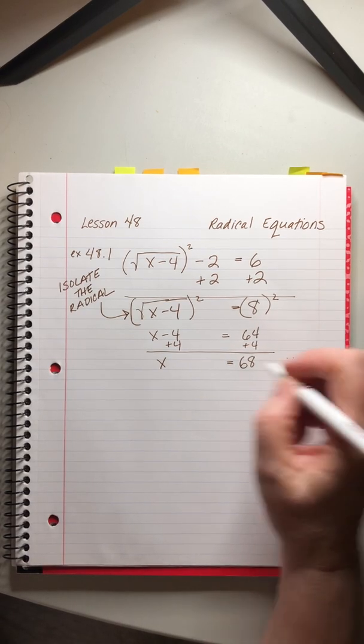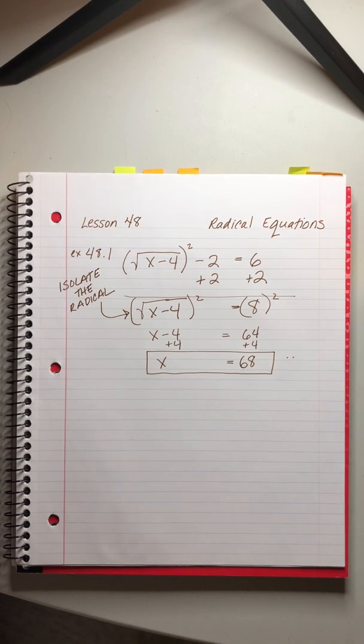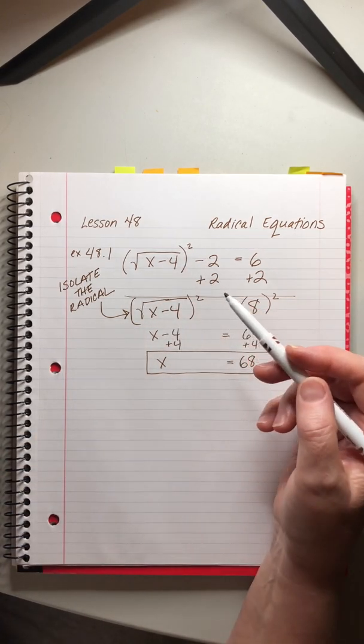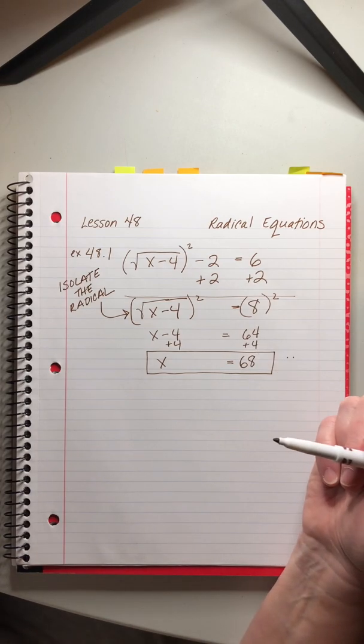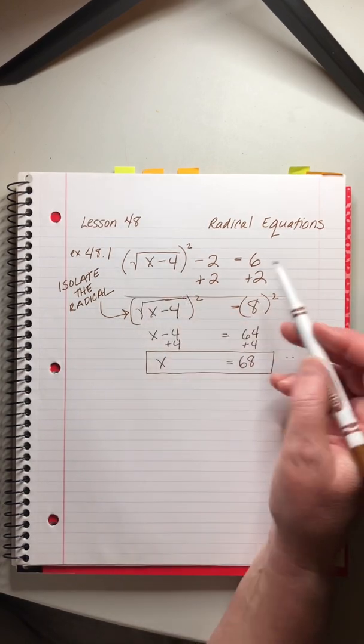But here's the thing, you guys. With these problems, there's something wonky that happens when we square both sides that sometimes will create what are called spurious solutions. The shock.